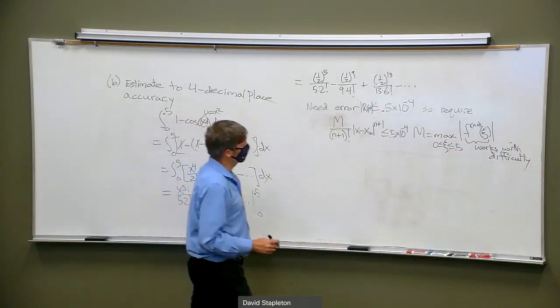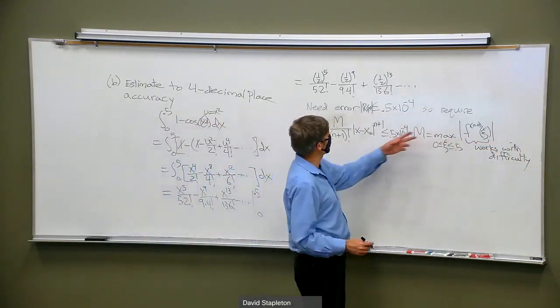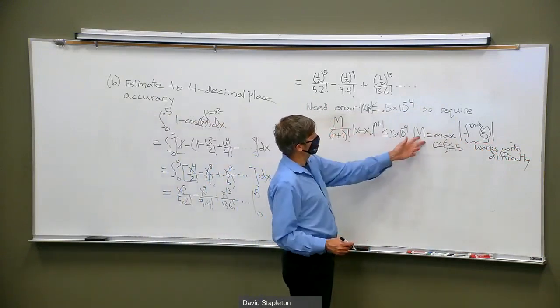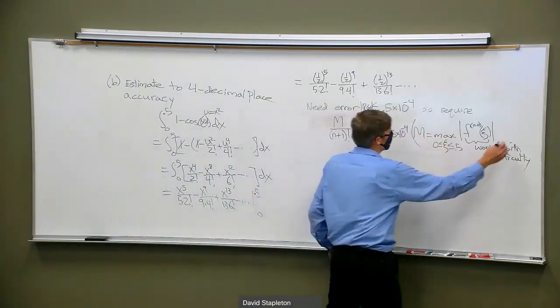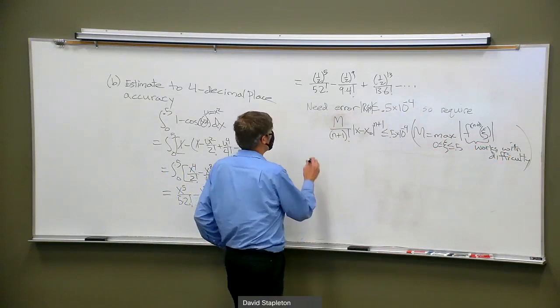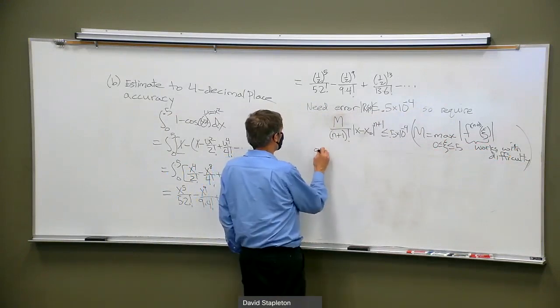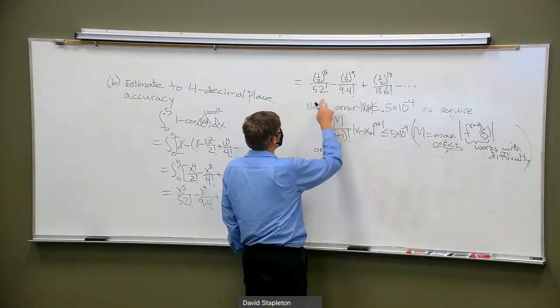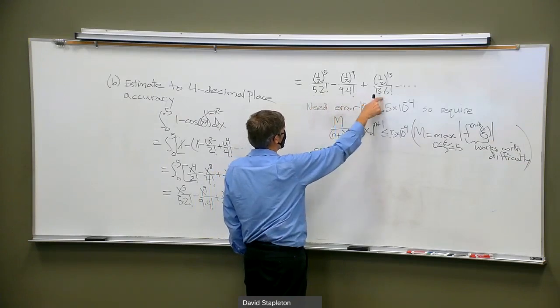You can compute the 5th derivative and see what the maximum value is. But what's easier is to say this is actually an alternating series.